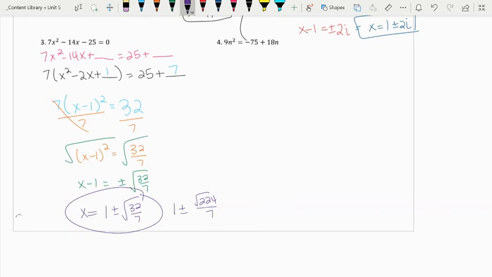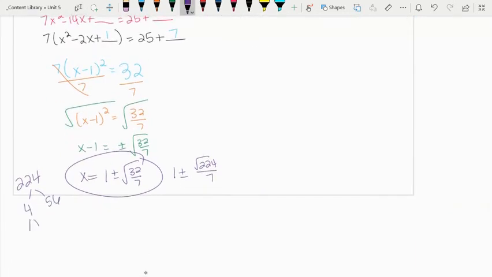So 224, if you start breaking it down, if you divide by 4, 4 times 56, 4 is 2 times 2, or 56 is 8 and 7, 8 is 4 and 2, 4 is 2 and 2.